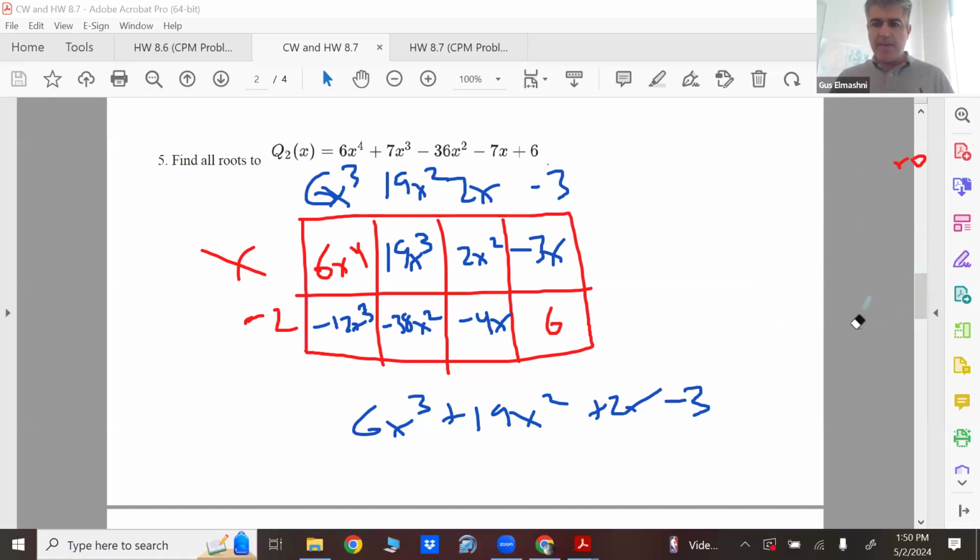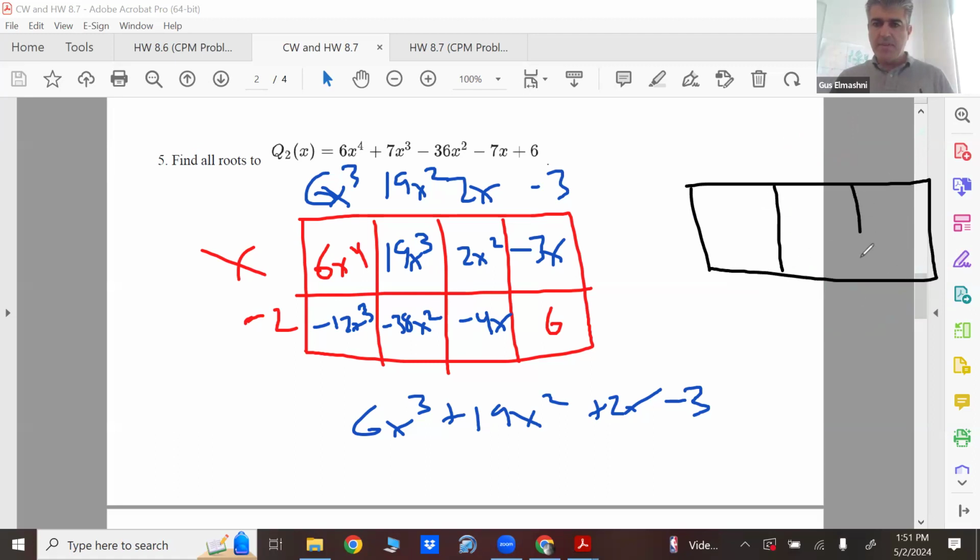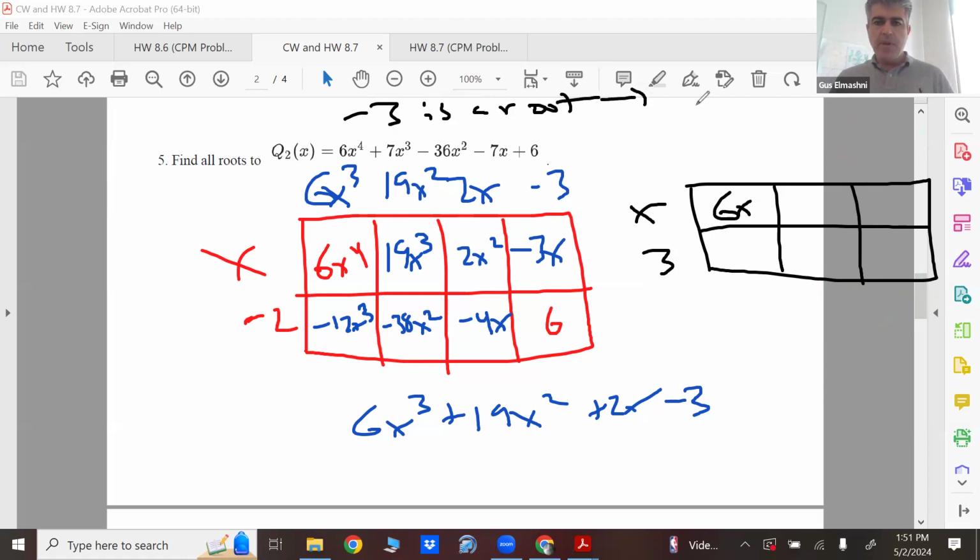Again, I cheated by having the graphing calculator. Otherwise, you got this by trial and error, which kind of sucks. But I did see x -3, so I'll do +3. Because remember, -3 is also a root, so x +3 is a factor. Right? So 6x cubed and -3. So 6x squared.